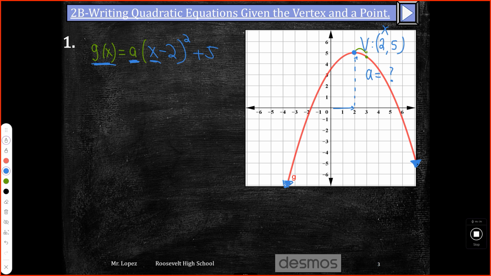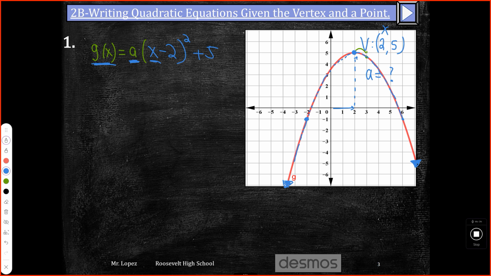on the parabola. And what is another good point on the parabola? Let's see. This is a good point because I know what that is. This is another good point.